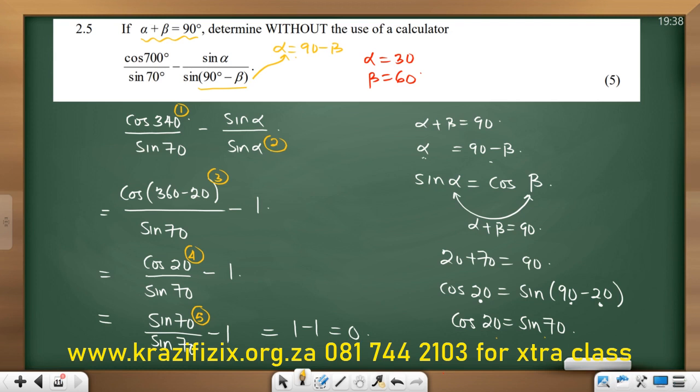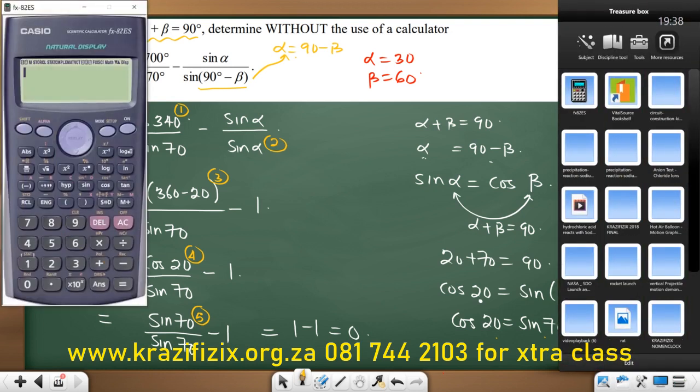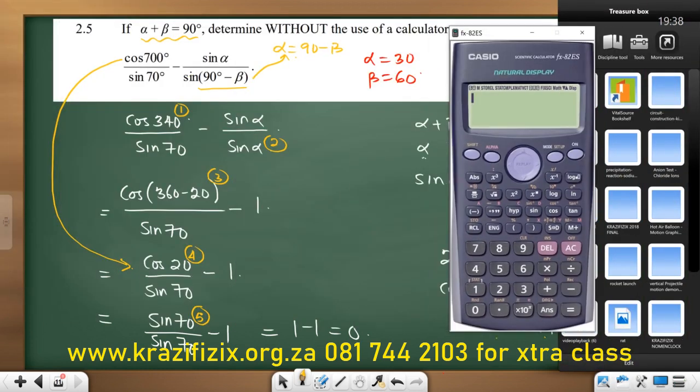Now, let me show you something. I am going to jump from here directly to this point. I'm not even going to say 360 minus what not. I am going to jump and use my calculator. Check what I'm going to do, and you will not be penalized. Cos 700 equals, you press that.